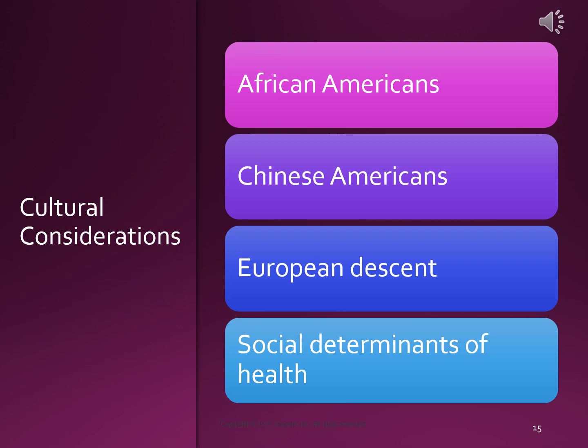So economic issues, access to healthcare, dietary practices, weight, all reasons for disparities in not only levels of hypertension, but also complications due to hypertension.